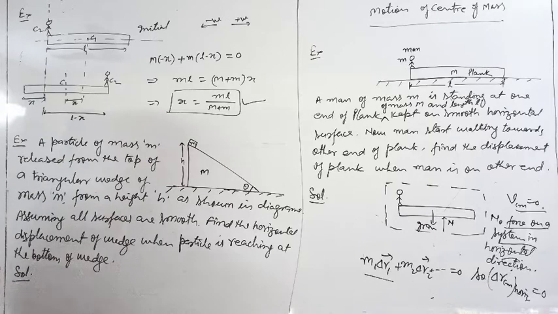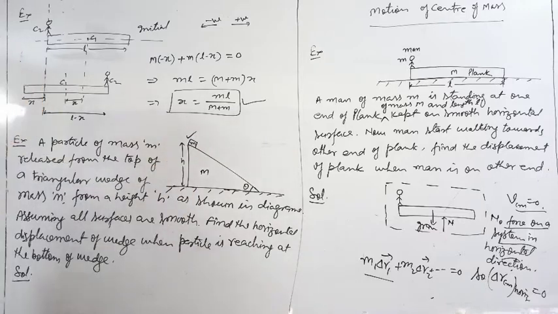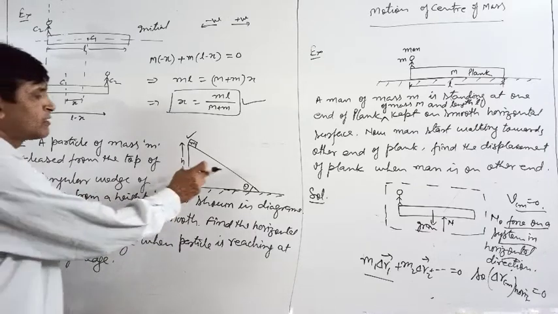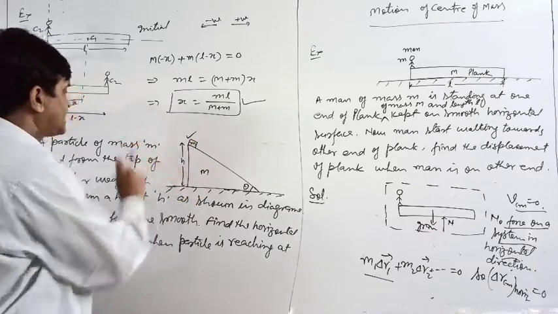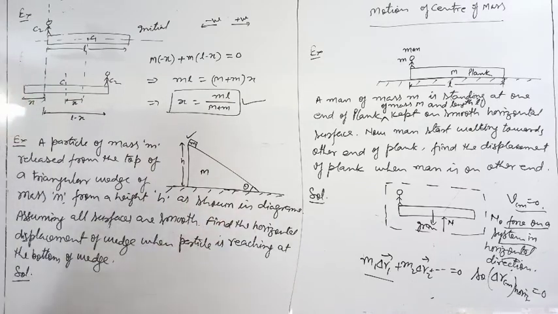Okay, see, this is a particle of mass small m released from the top of a triangular wedge of mass capital M, from a height h, as shown in diagram.